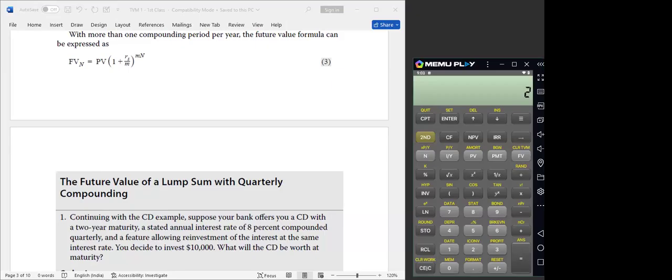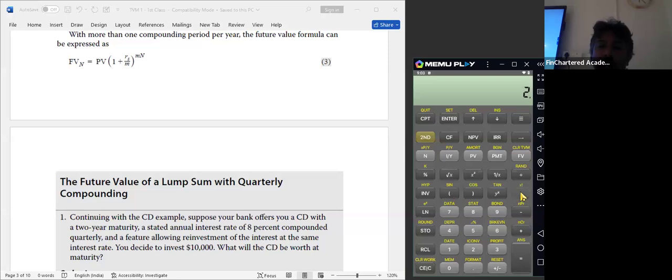How many quarters? Four. Yeah, 4. So your n has to be 2 into 4. Your n has to be 8 in this case. It is not 2. In fact, it is 2 only, but it's going to be 2 into 4.